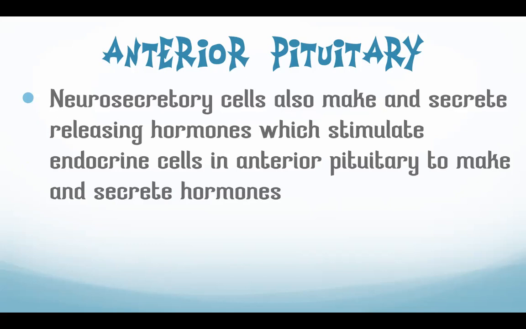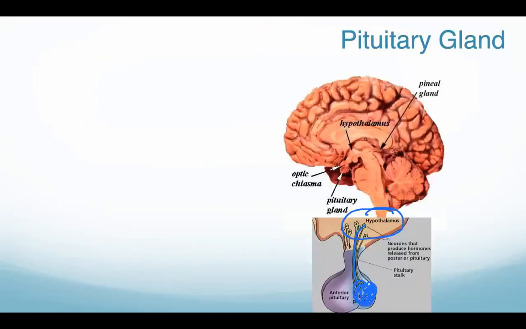The neurosecretory cells, let me go back to the original diagram. So you have two sets of neurosecretory cells, which you can see here. The ones in the hypothalamus that go down to the posterior pituitary are elongated and connected, 100% physically going all the way through from the hypothalamus to the posterior pituitary.